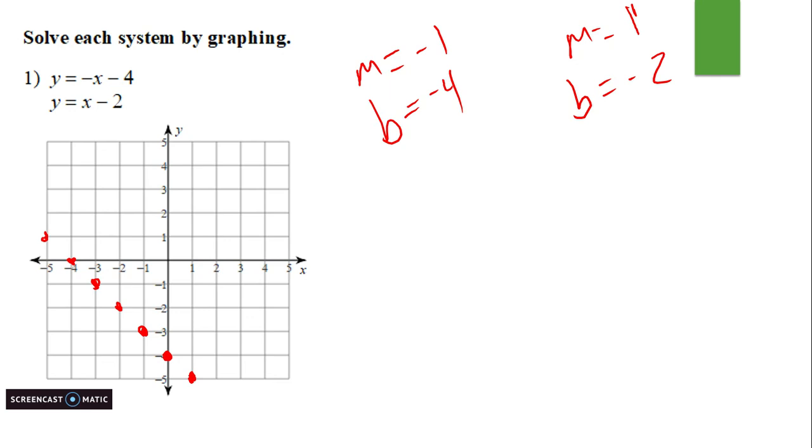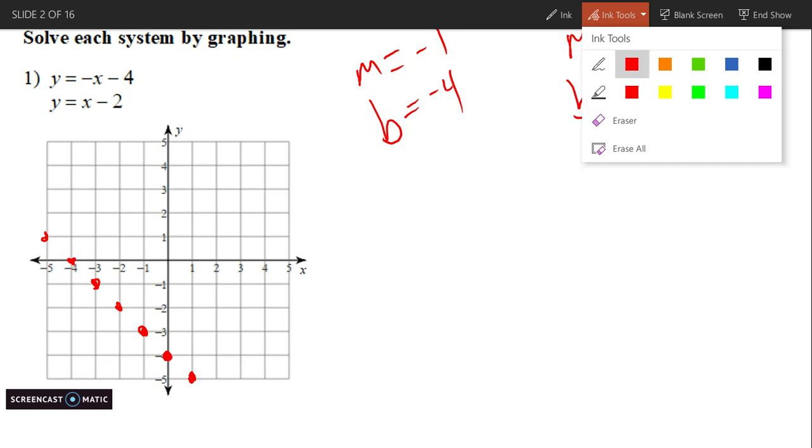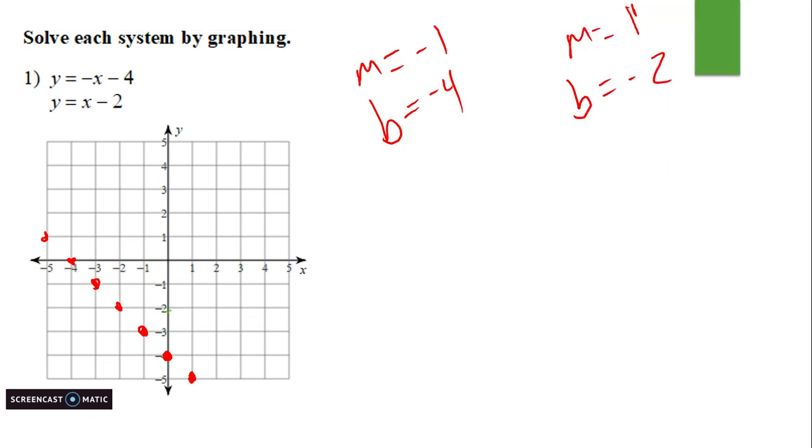The other one, you got a y-intercept of -2. Maybe I'll do a different color just to make it easier. Y-intercept of -2, and we're up 1 and over 1, or down 1 and over 1. So it's pretty obvious where the intersection point is supposed to be.